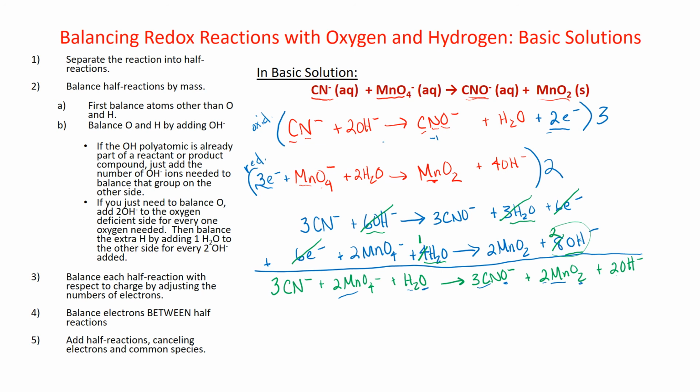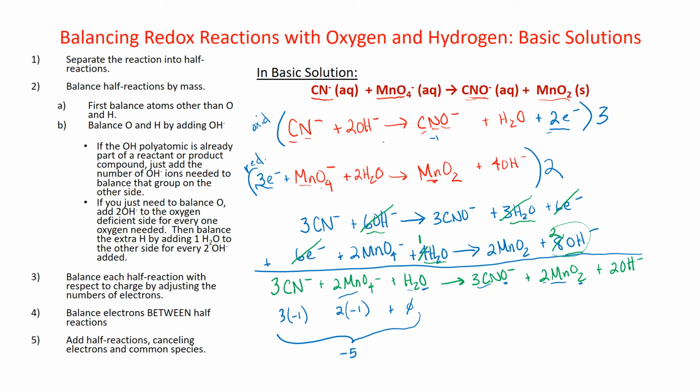Okay, so let's add up the total charges on the left and the right. I have 3 times that -1 for cyanide, and I've got 2 times -1 for permanganate. And it's a 0 charge for that water. All right, so when I add those up, -3 plus -2 gives me a -5 total.